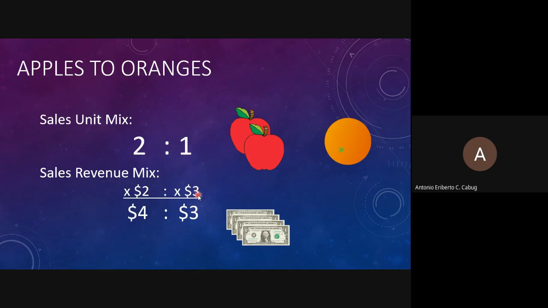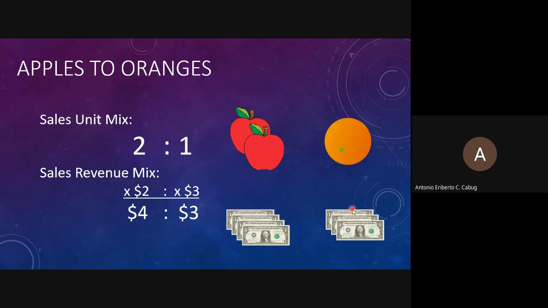The price is $3. $4 from apples and $3 from oranges. They have different ratio. Ano yung sales unit mix? 2:1 or 66% is to 33%. What's the sales revenue mix? 4:3. Pwede nyo gawing fraction. 4 plus 3 is 7, no? 4/7 is to 3/7. $4 from apples, $3 from oranges.